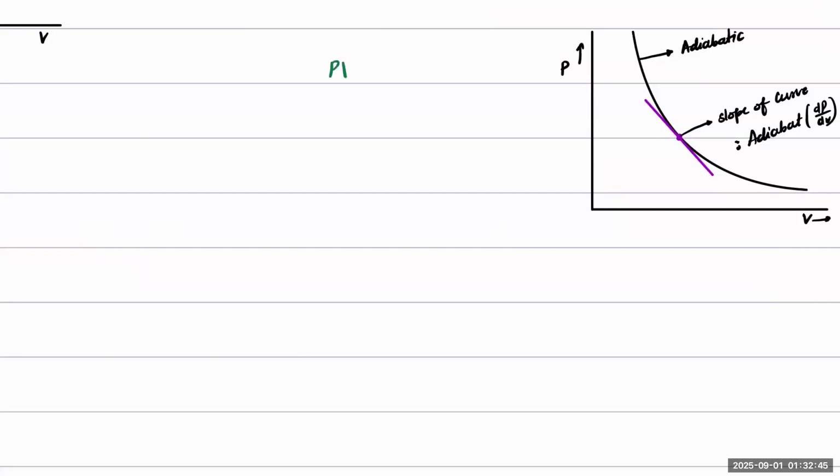So we know that PV raised to the power of gamma is equal to constant for an adiabatic process. So I can say this as V power gamma into dP plus P times gamma into V raised to the power of gamma minus 1 into dV is equal to 0.